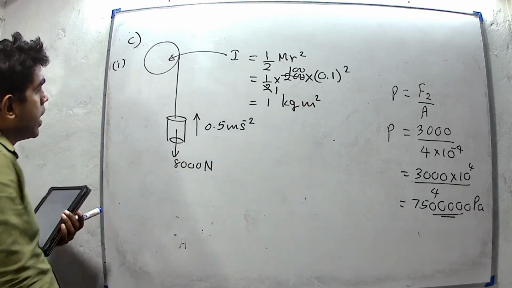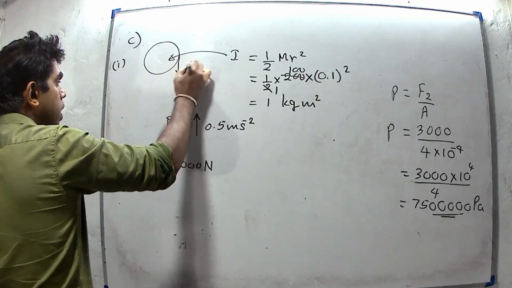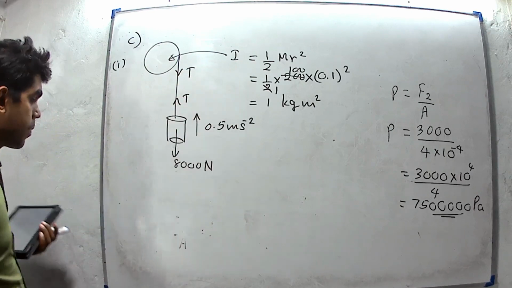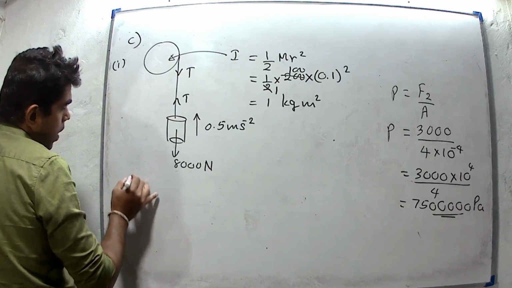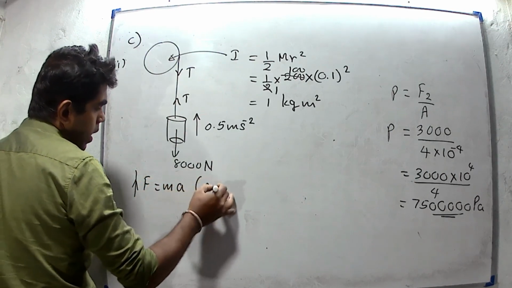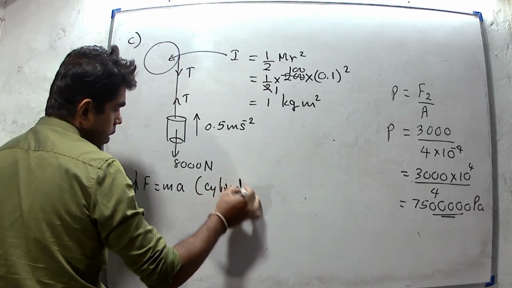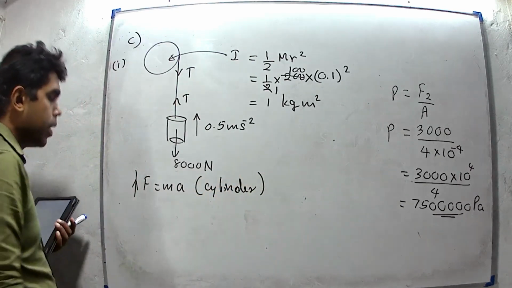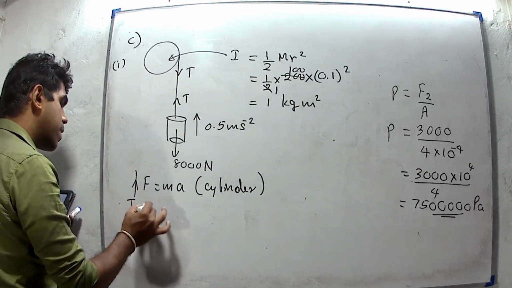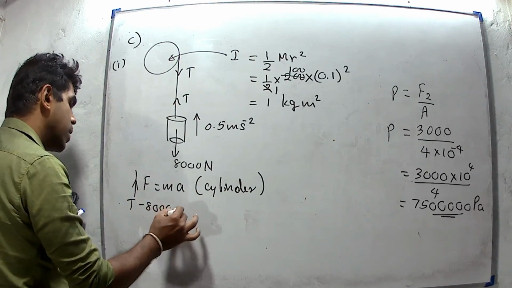Then we can find the tension of this cord. When finding the tension, we can use F equals ma for the cylinder in the upward direction. Now the upward force is tension. We have to subtract the downward force 8000.